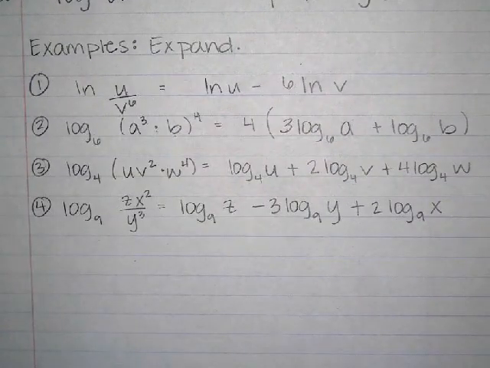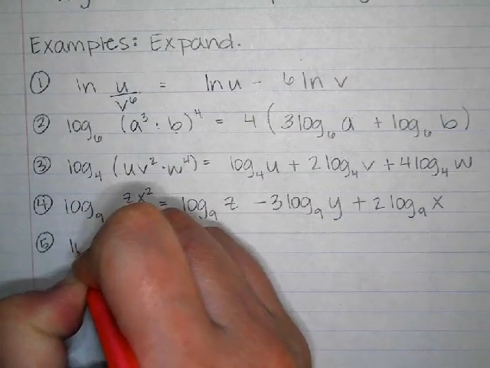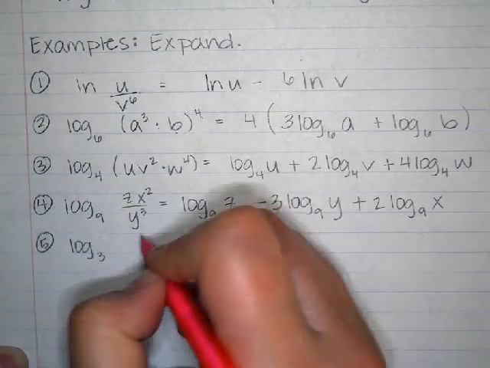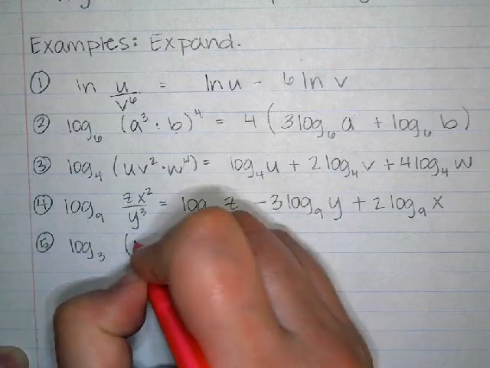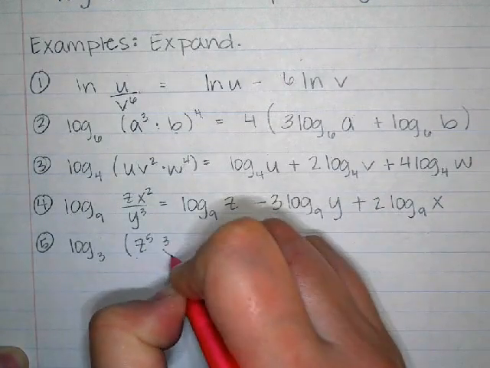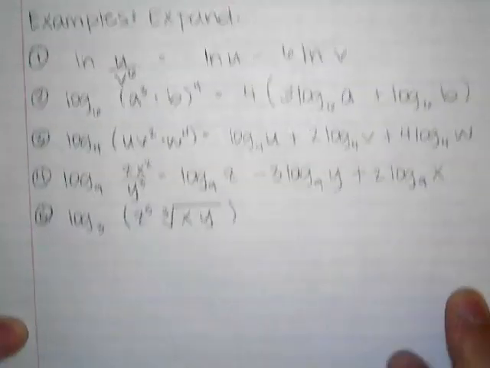Okay, this one's good. We're going to do log base 3 of z to the fifth times the third root of xy. How many times are we writing log base 3? We're going to write log base 3 3 times.